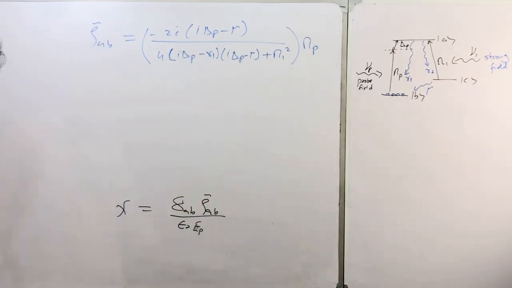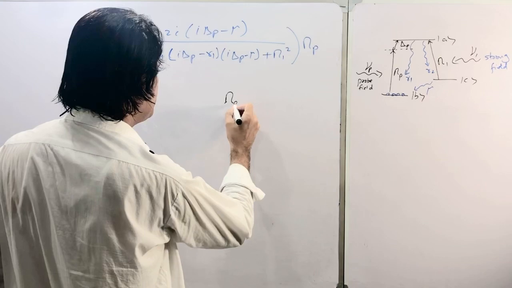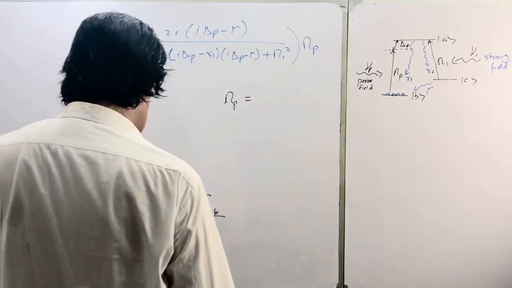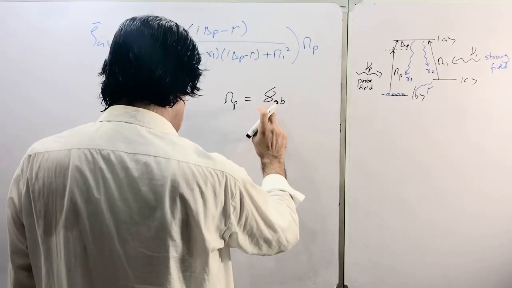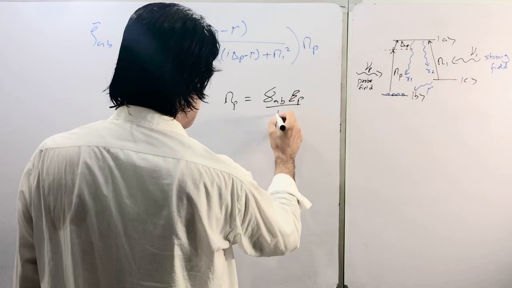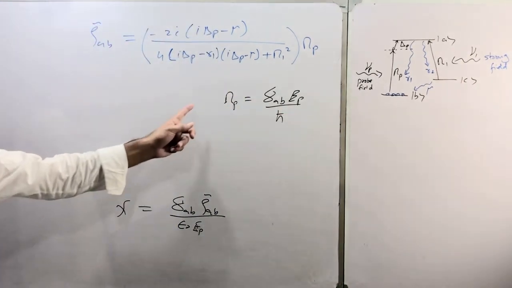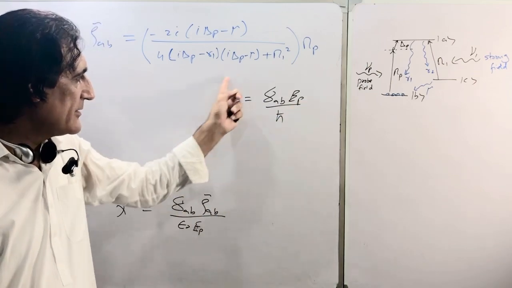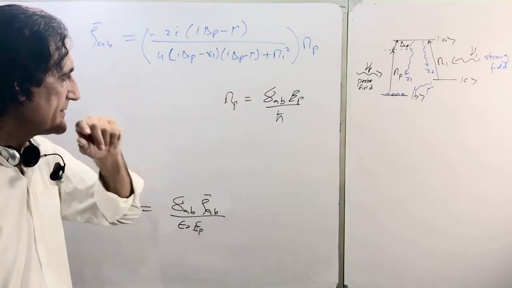So further, remember that omega p, by definition, can be defined as PAB EP divided by H cut. So this is by definition the Rabi frequency.